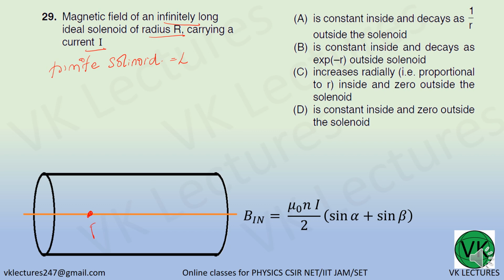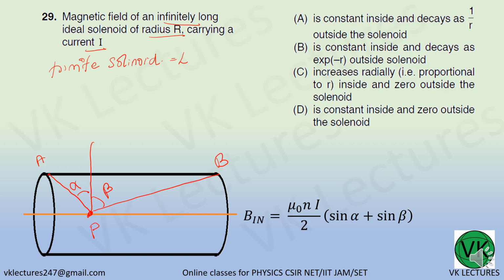Let me call this point as P and consider these two ends, A and B. A and B are at finite distance. Now with respect to P, A is at an angle alpha. Similarly, B is at an angle beta.